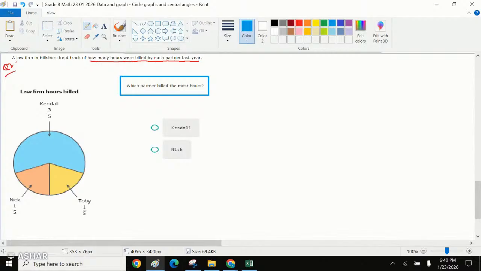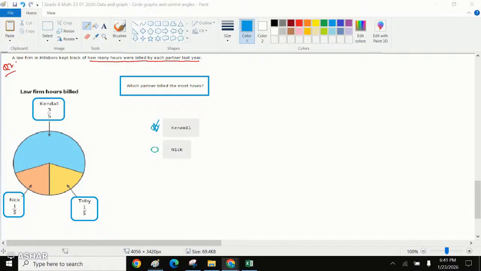So who has more area? Since we can see Kendall has the ratio 3/5, Nick was just 1/5, and Toby was 1/5. So the greater the ratio, the more the area. Yes, Kendall is the correct answer, right? Let's move ahead.